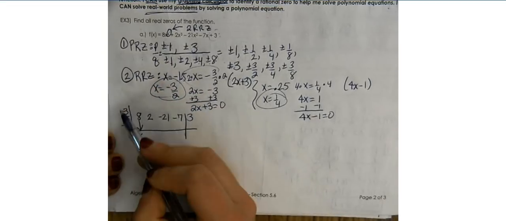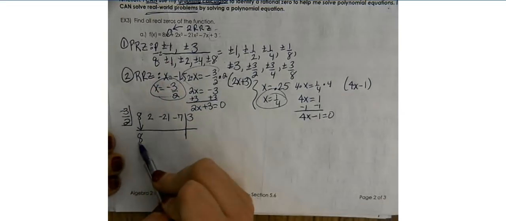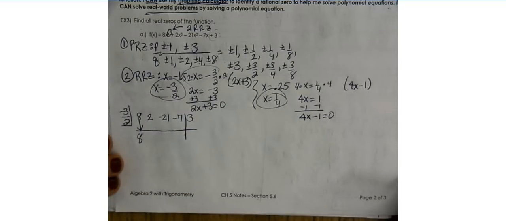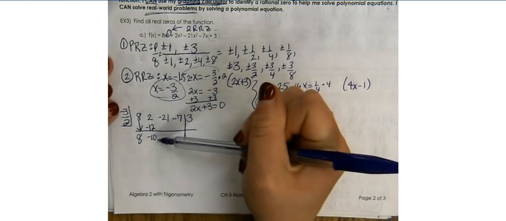I'm going to bring down the 8, and negative 3/2 times 8 is equal to negative 12. Then 2 minus 12 is negative 10. Negative 3 halves times negative 10 is equal to 30 over 2, which is 15.